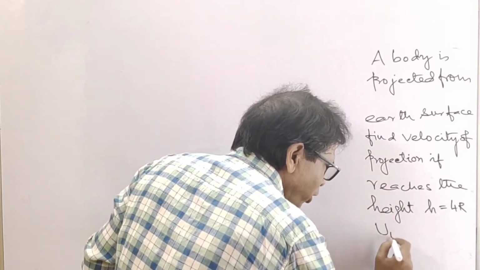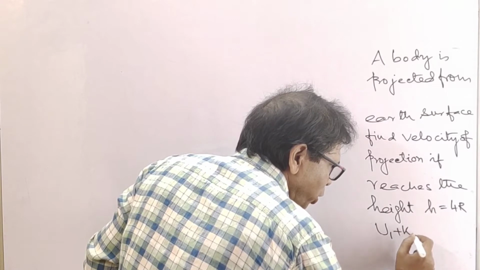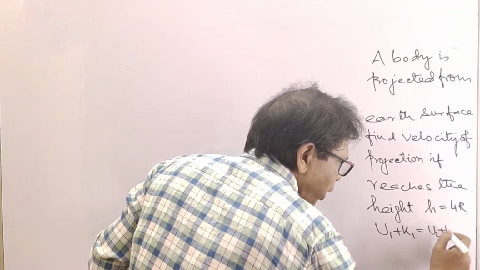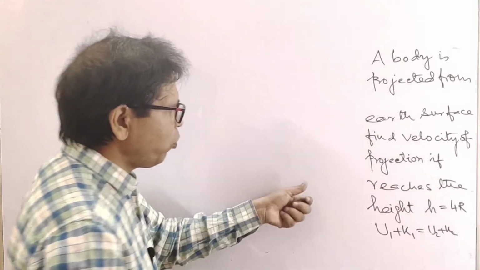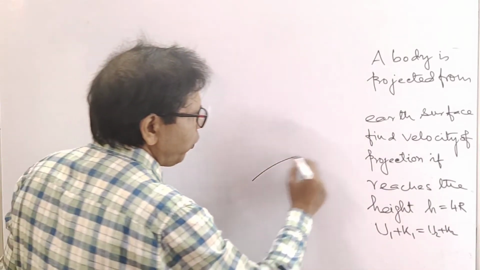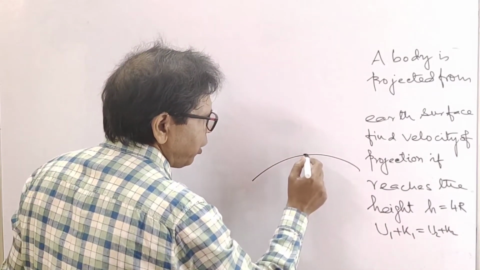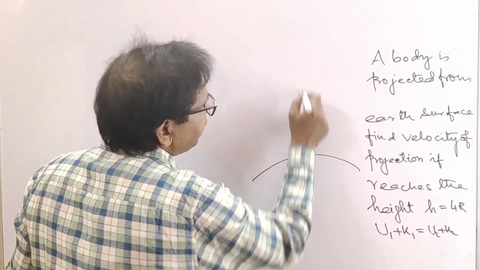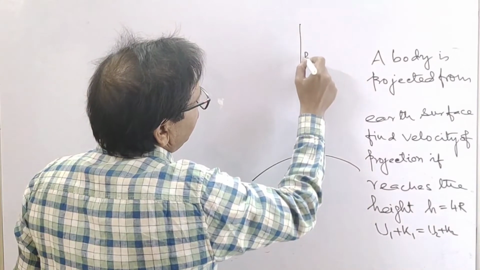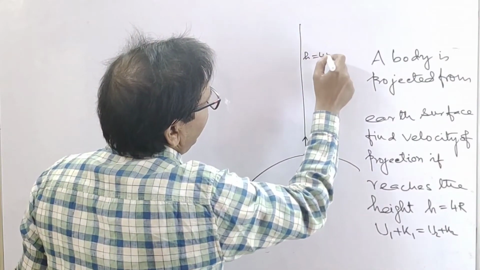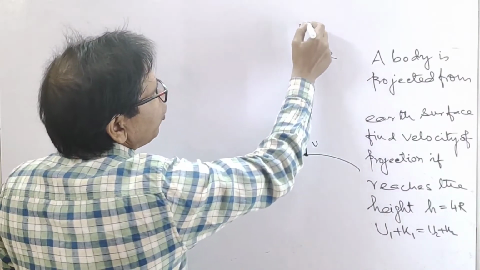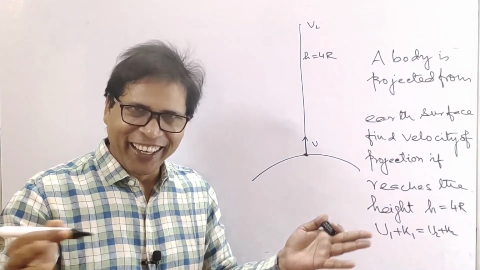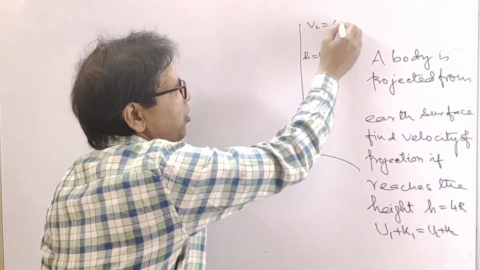The formula is the conservation of mechanical energy, U1 plus K1 equal to U2 plus K2. Now we have to draw a figure. Look at this, this is the earth's surface. The body is projected with velocity v and it reaches the height h equal to 4R. As it is the maximum height, v2 becomes 0.